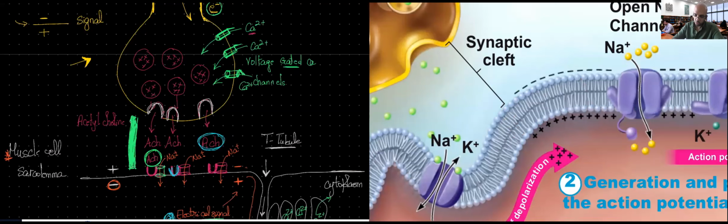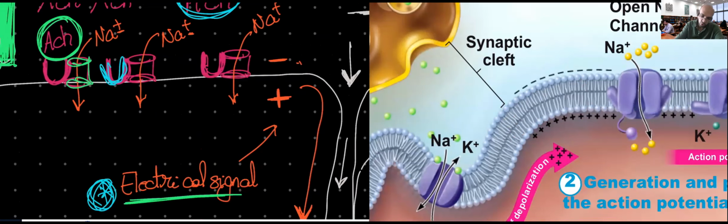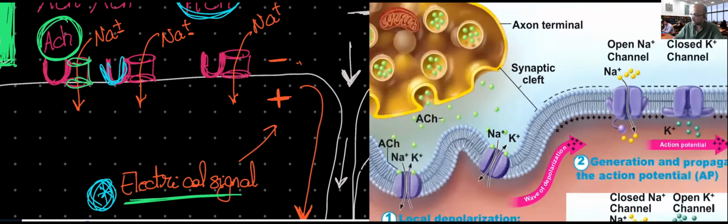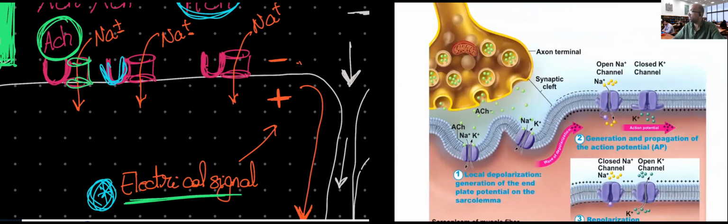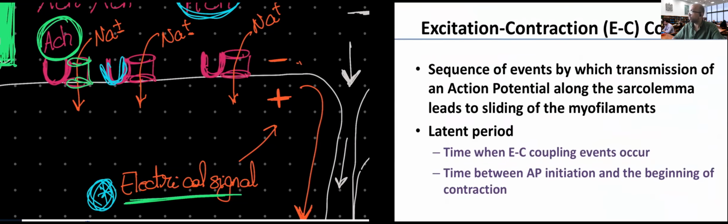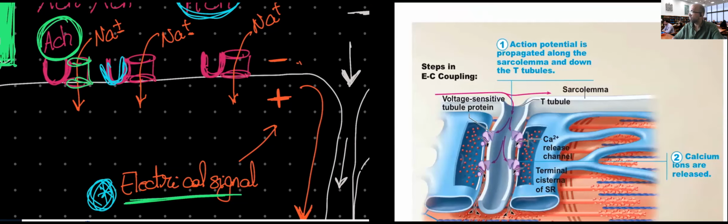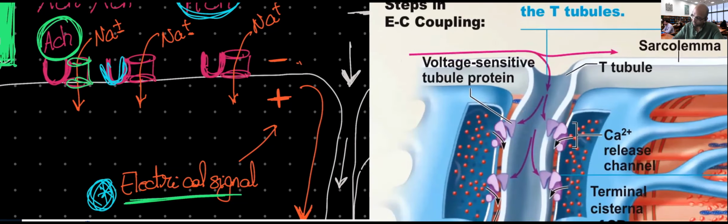So inside of the cell will become more positively charged as you allowed the sodium in, compared to the outside, which is going to be more negatively charged. This electrical signal is going to keep traveling along my sarcolemma to reach the T tubules.